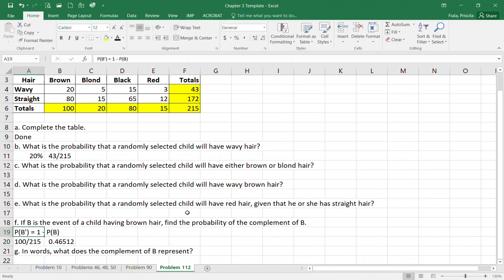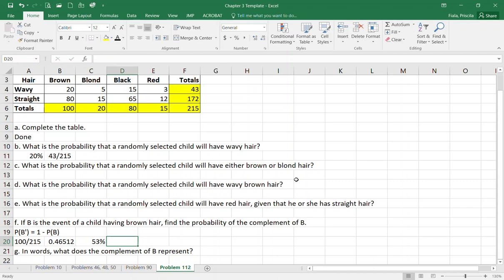So what would be the probability of the complement of B? 1 minus your probability of B. So you're going to have 1 minus this probability right here, okay? Which would be 53%.